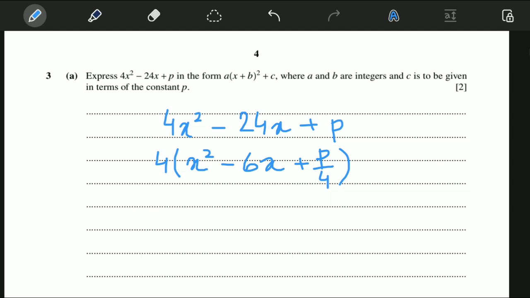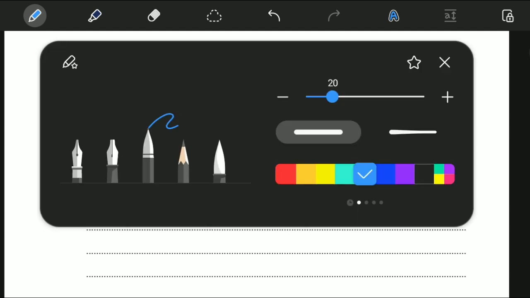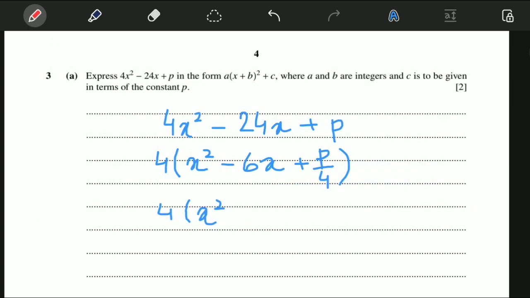We are going to complete the square, and for that, whatever is being multiplied with this x, we half it and we add and subtract its square.